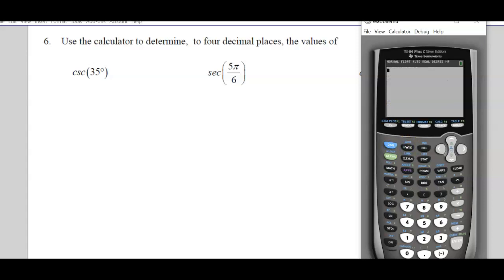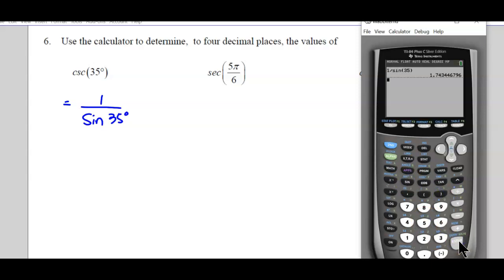And this is cosecant. There isn't a button for cosecant. So this is the same as 1 over sine of 35 degrees. So you can do that: 1 divided by sine of 35.